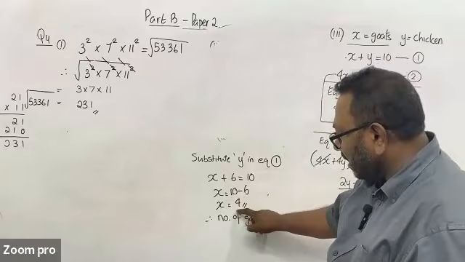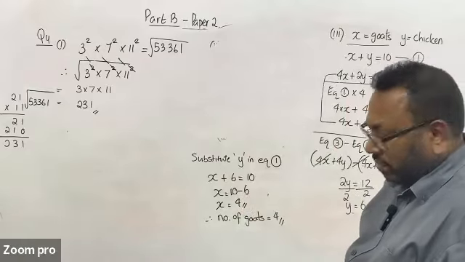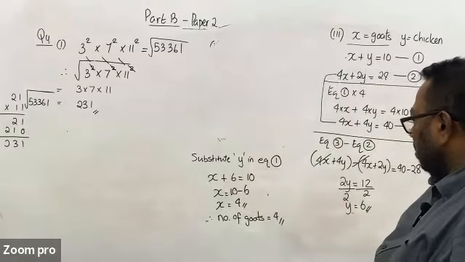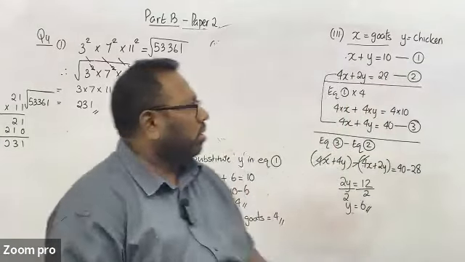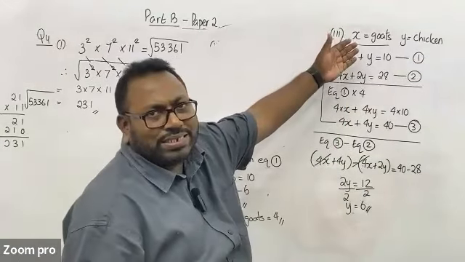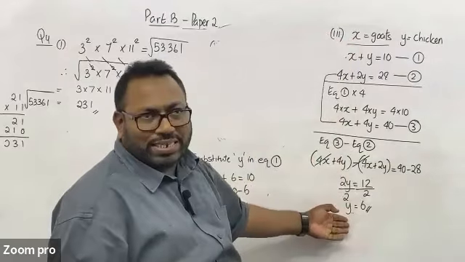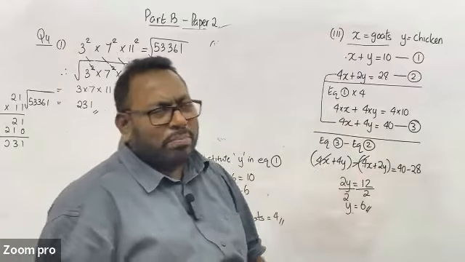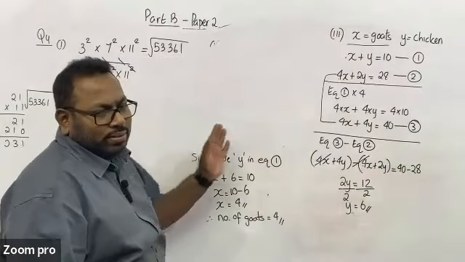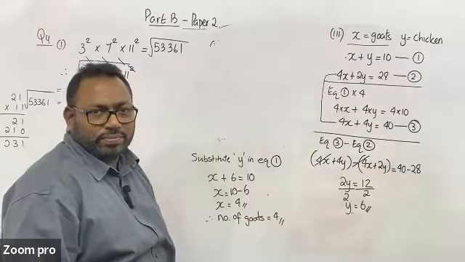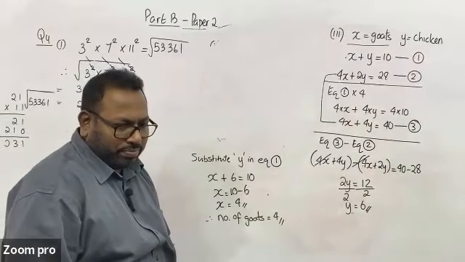So 10 minus 6, you're getting 4. Okay. Obviously, if the total number of animals is 10, and if you have got goats as 6, you can just subtract and do. But for simultaneous equation, they expect you to do this. You have to show the working. Okay, that is very important.